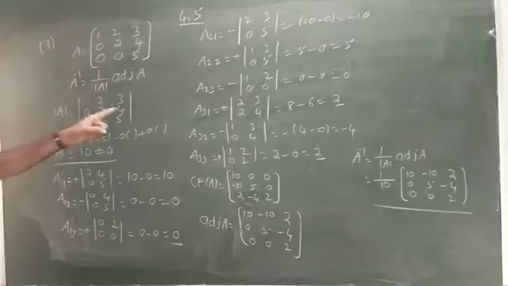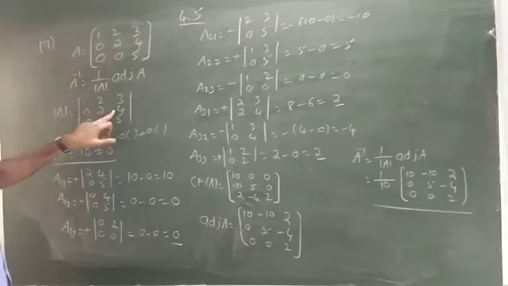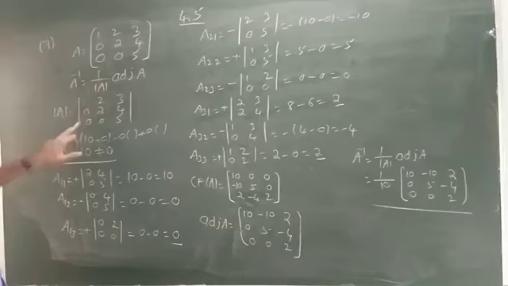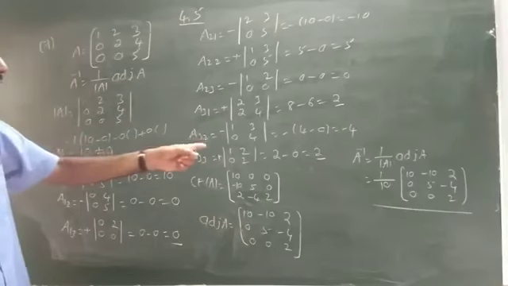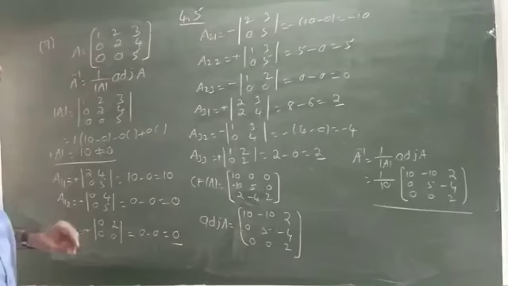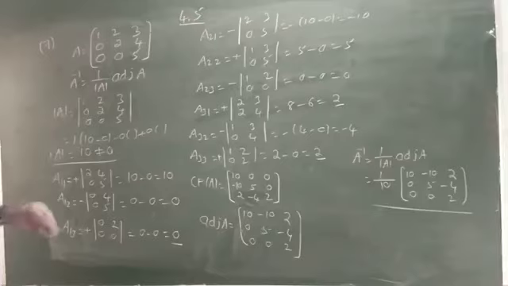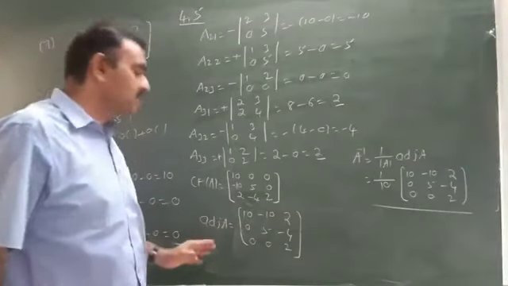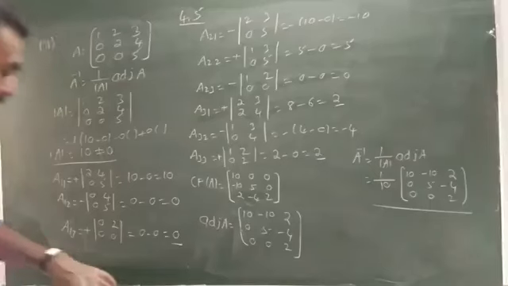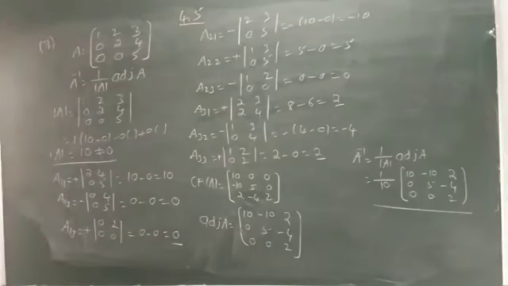For 2, [1, 3; 0, 5], we get 5. A23 will be 0. A31: [2, 3; 2, 4], 8 minus 6, that will be 2. A32: [1, 3; 0, 4], sign is minus, minus 4. A33: [1, 2; 0, 2], 2 minus 0. Form the cofactor matrix, take the adjoint, write A inverse. A inverse is 1 by determinant A into adjoint A. I think you have understood how to solve this problem.